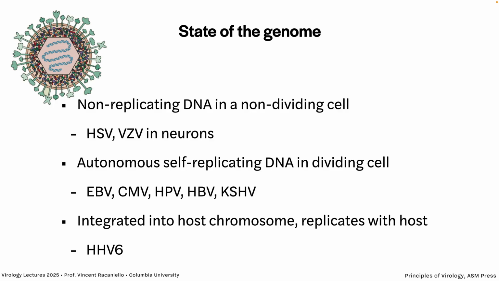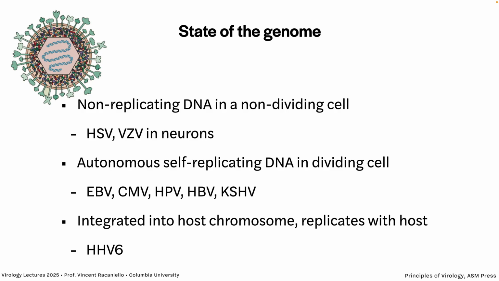Right? So the genome exists in different states depending on the latent infection, and we'll take a look at this in detail. For herpes simplex virus and varicella-zoster virus, it's non-replicating DNA in a non-replicating cell. A neuron does not replicate, so the viral DNA does not have to replicate.